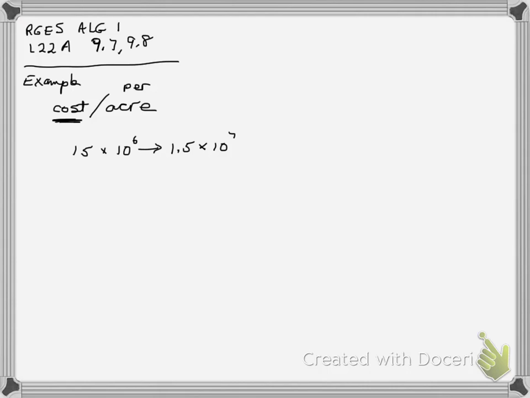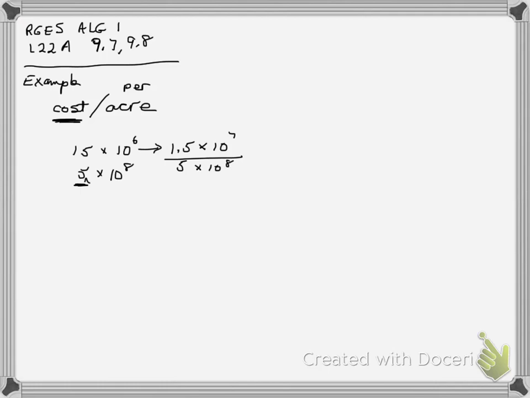That's going to be my numerator, the cost. The denominator is 5 times 10 to the 8th acres. We don't need to transfer that because the decimal's already right there. So we'll just say divided by 5 times 10 to the 8th.